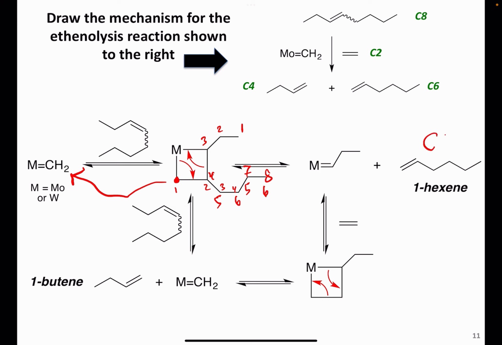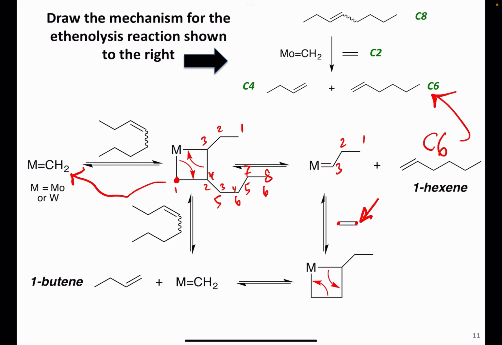That's your 1-hexene product, the C6 fragment that is observed in the ethenolysis reaction. Notice you form a new alkylidene, a 3-carbon alkylidene. Now in the presence of ethylene, so these reactions are run under a high pressure of ethylene, so you have ethylene everywhere, you form a new metallacyclobutane.